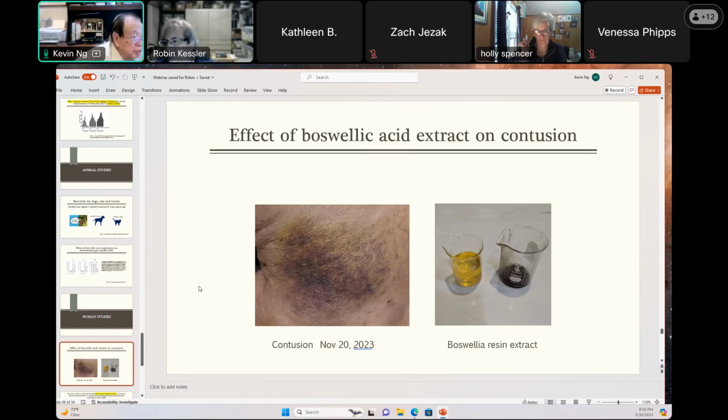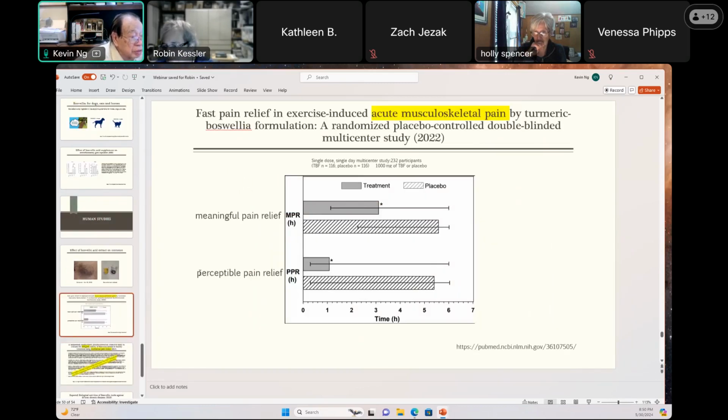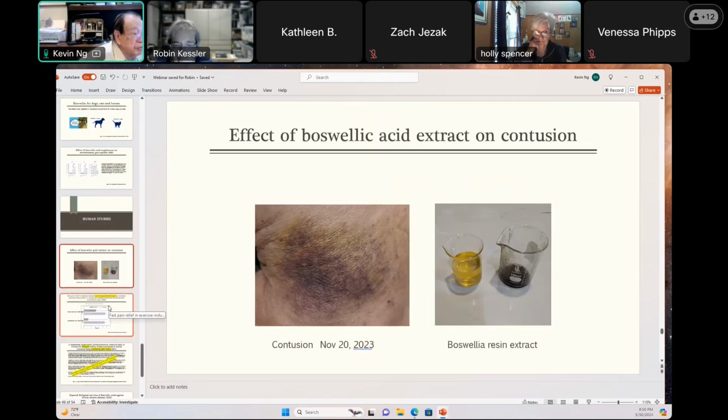Within 5 minutes, she said the pain was gone. I said, miracle, thank God for that. Following that, I tried it on some other cases, and they were very, very good. So Boswellic acid becomes a very good topical painkiller. I call it a topical painkiller.